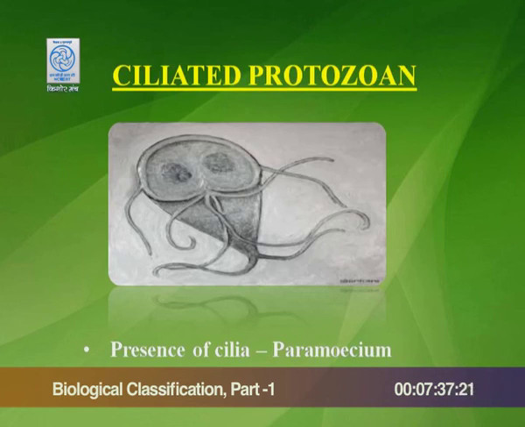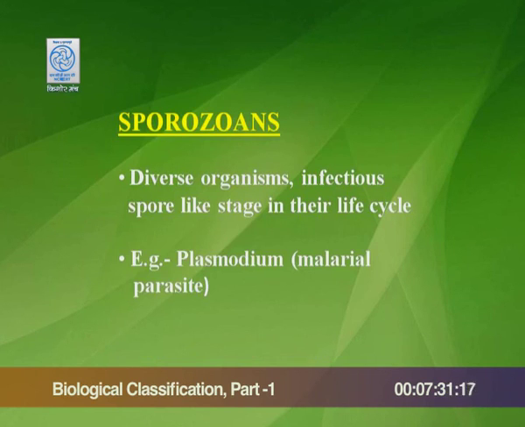Ciliated protozoans have cilia, example Paramecium. And the sporozoans are diverse organisms that have an infectious spore-like stage in their life cycle. Example, Plasmodium, which brings about the disease malaria.